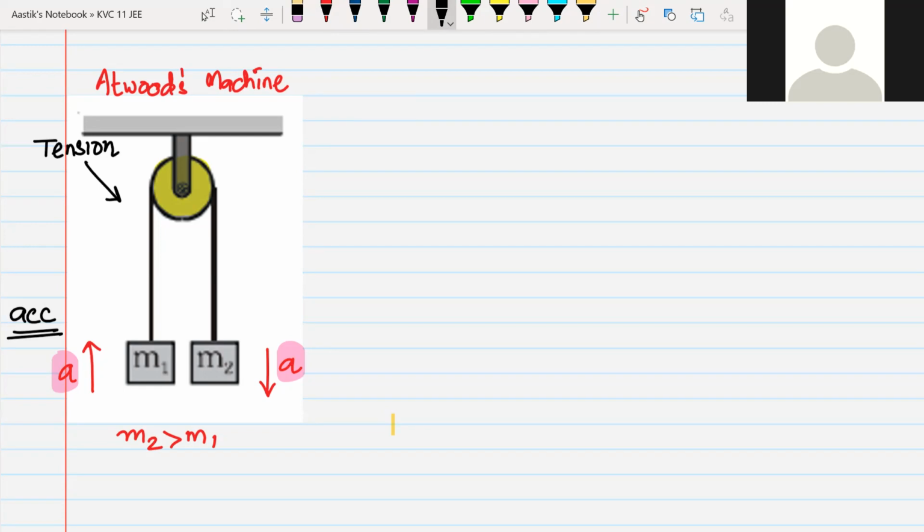Yes, anyone got the answer? G times M1 minus M2 by M1 plus M2. Beta, you must understand that M2 was greater than M1. Did you remember that?